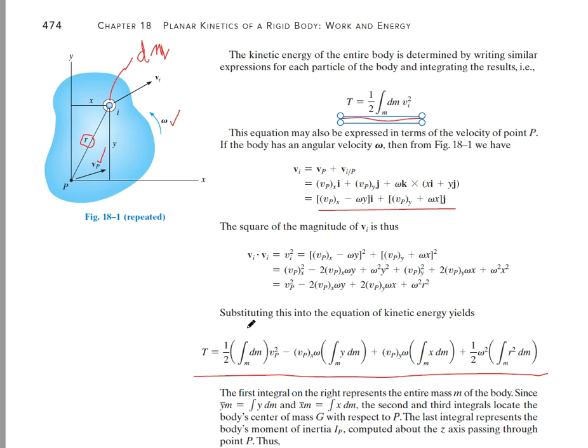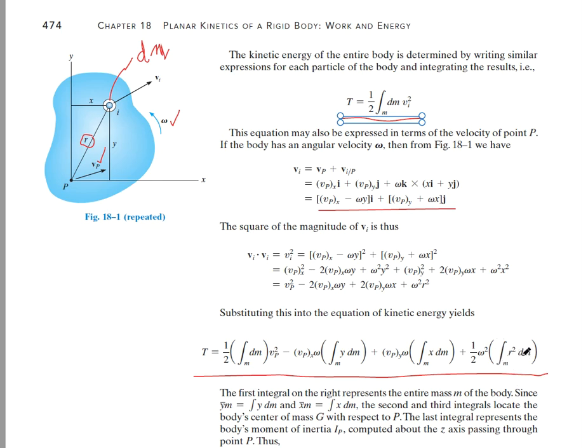The first term here, integral of dm over the entire body, is the mass of the body. So the first term means the kinetic energy of the body as it's moving with the velocity Vp of the point P. And then we have this last term, the integral over the entire body of r squared times dm.